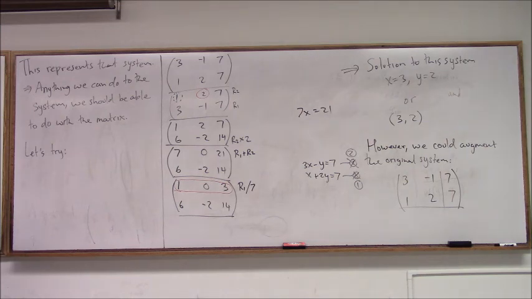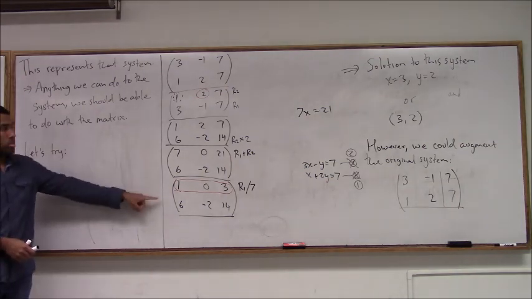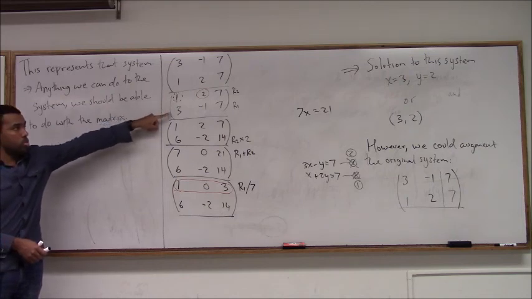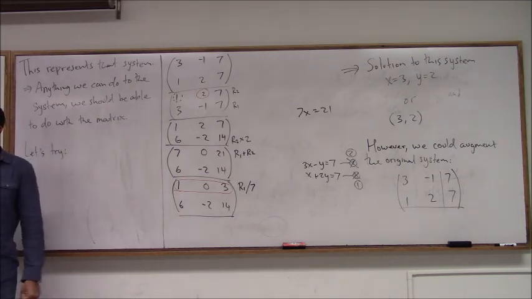Sorry, Professor, is that row 2 or row 1? Where are you pointing? Here? You have row 2, yes, that one. Row 2 times 2, wouldn't it be row 1? Or are we doing it based on the original? In the previous step, this is row 2. Oh, sorry, okay.